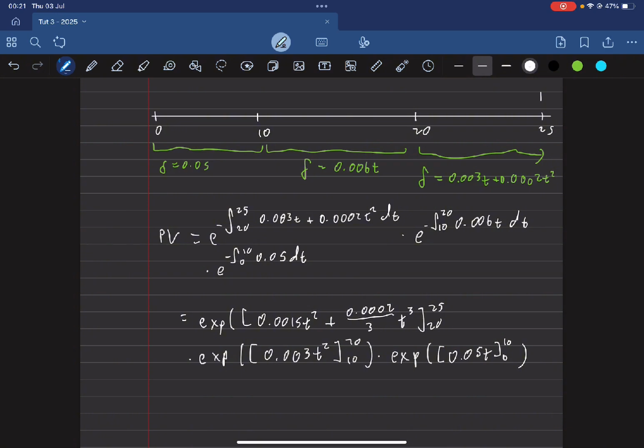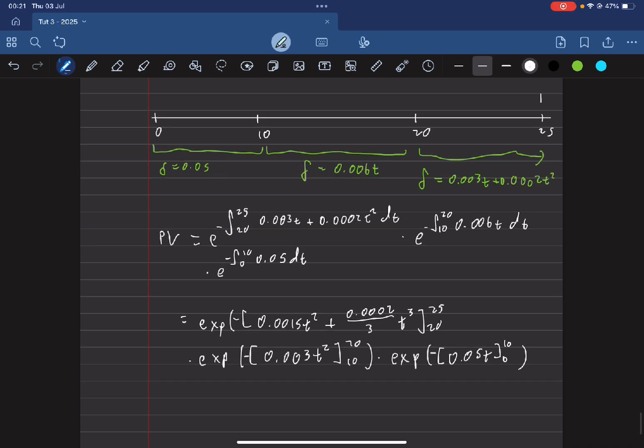Okay, that looked good to me. Oh, I forgot all my negatives, because remember, all of these are negatives. So just remember, negative here, negative here, negative here. Yeah, okay, now it looks good.